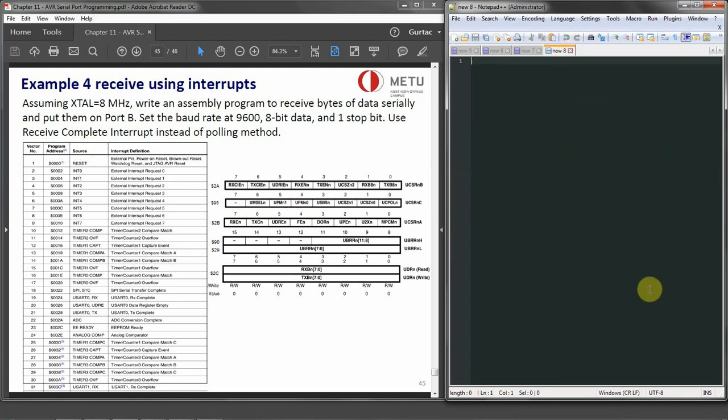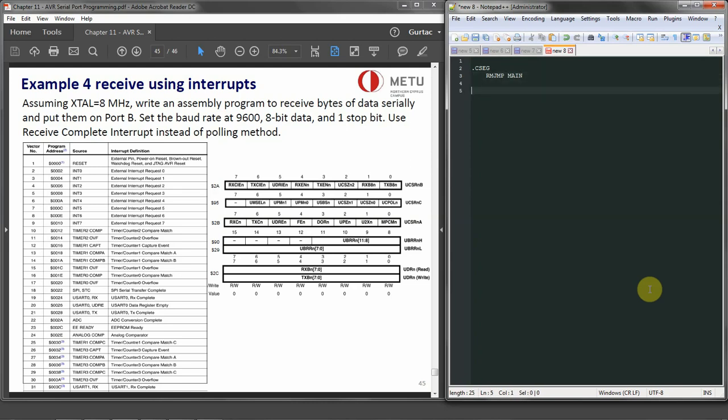Again, the important thing over here, as we are going to use the vectors, so at the beginning we can say .cseg, rjmp main, or you can just use .org hex 00 for address 0, because we need to jump.